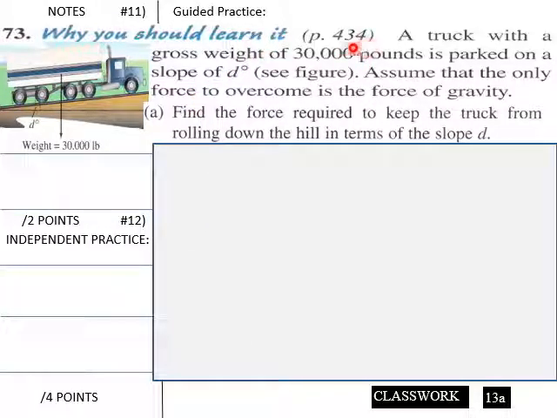Let's do a problem now. A truck with a gross weight of 30,000 pounds is parked on a slope of d degrees. Here's our ramp. Assume that the only force to overcome is the force of gravity. A, find the force required to keep the truck from rolling down a hill in terms of slope d. So we have d degrees and 30,000 pounds for the truck.